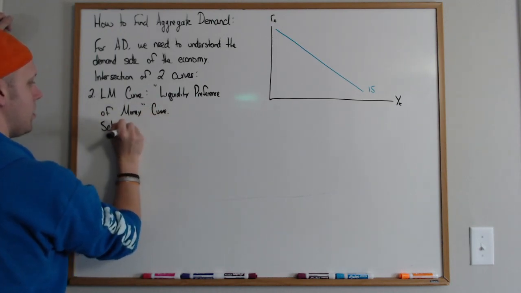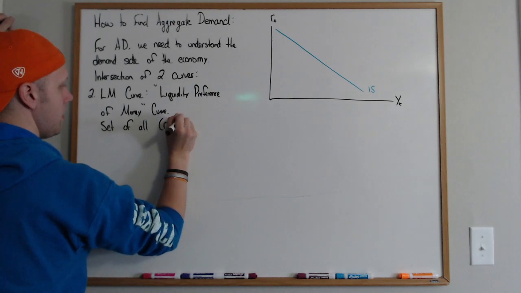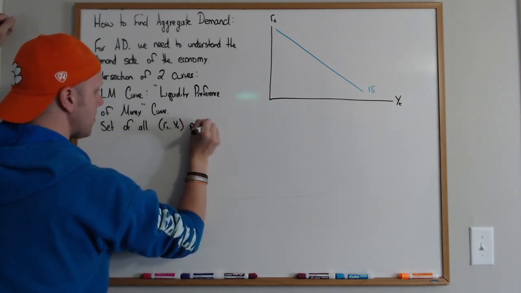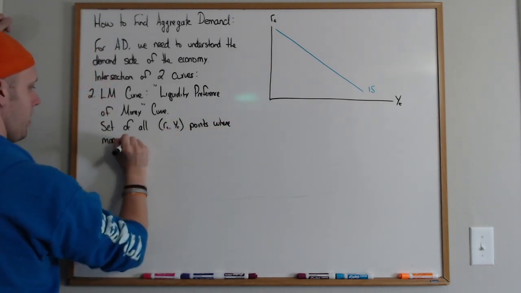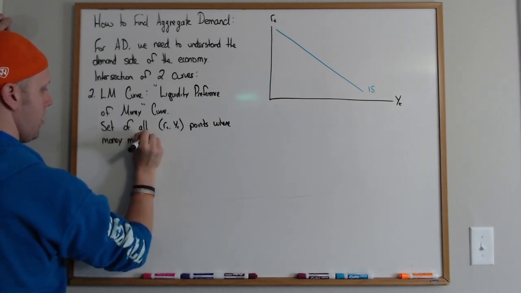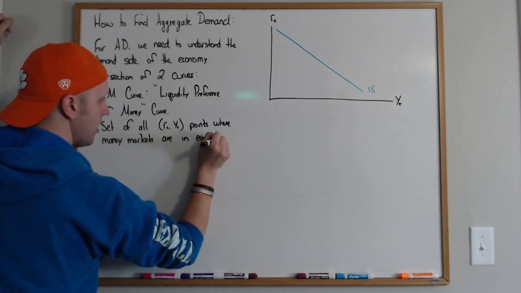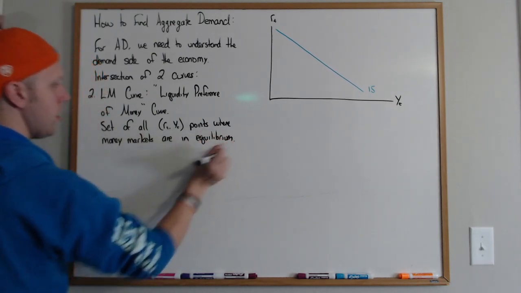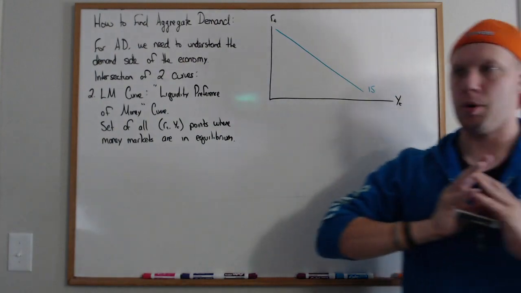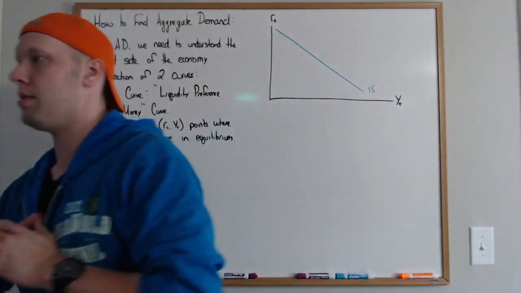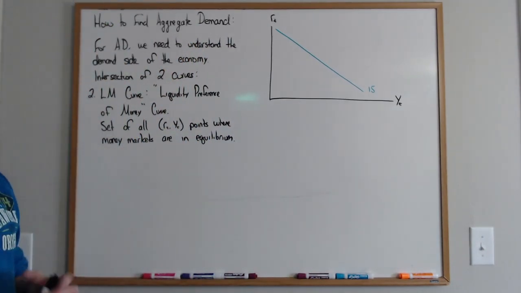And this curve, instead of being the set of all interest rate and output combinations where goods markets are in equilibrium, where goods markets are clearing, instead is giving us a set of all interest rate and output combinations where money markets are clearing.